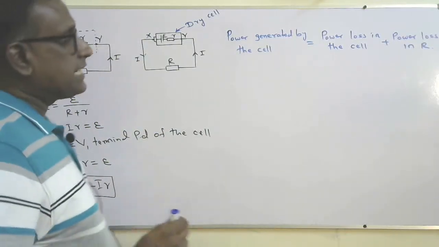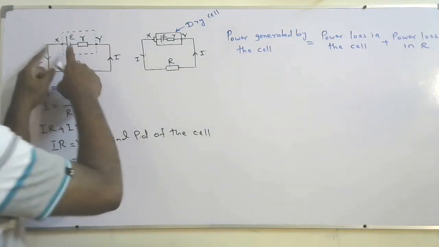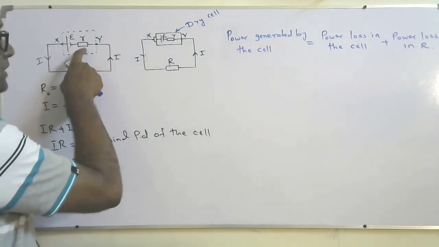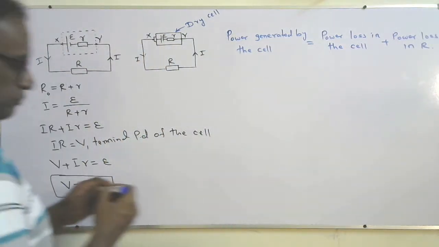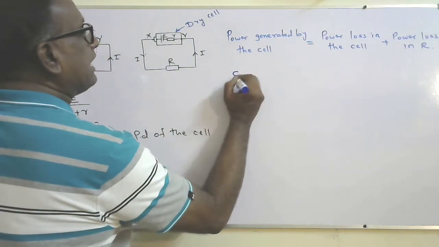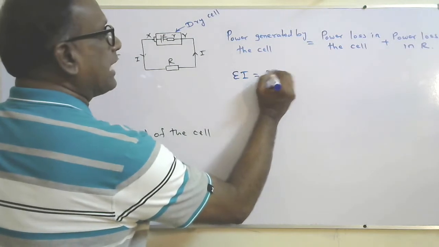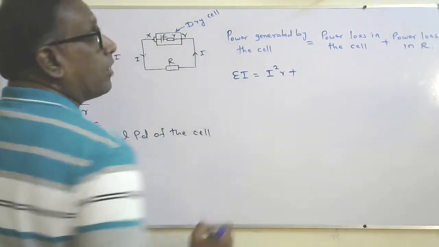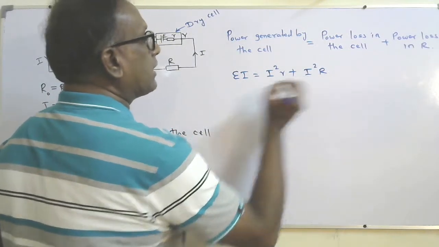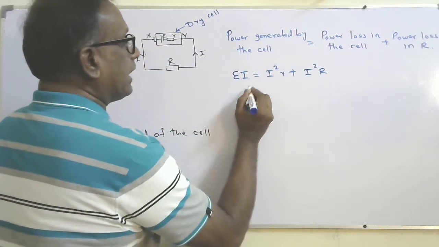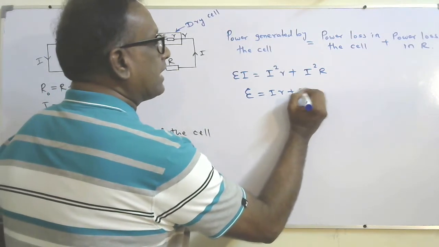Okay, so here I can say power generated by the cell is equal to power loss in the cell, that is due to the internal resistance of the cell, plus power loss in the external component capital R. So power generated by the cell is equal to EMF times I. Power loss in the cell is equal to I squared r. Power loss in the external component is equal to I squared capital R. So divide the whole equation by I. That will be EMF equals Ir plus IR.